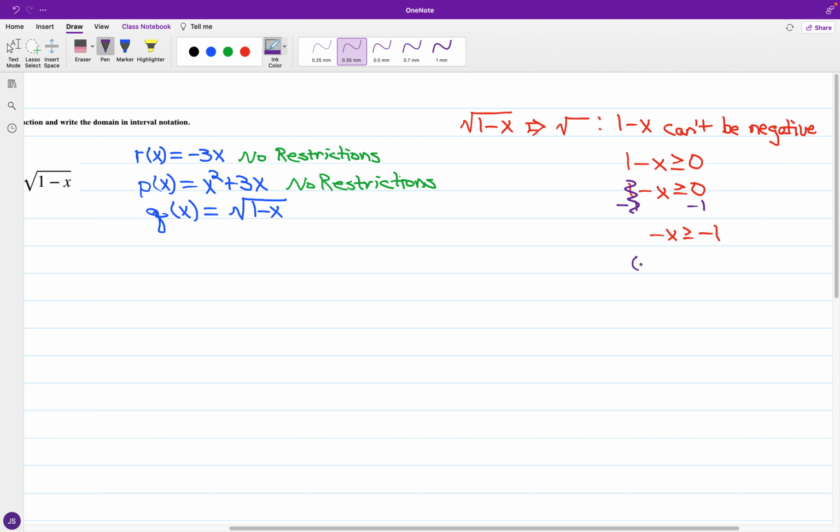And again, if I change the signs, going from negative to positive x, if I multiply or divide by a negative, the inequality direction is going to change.